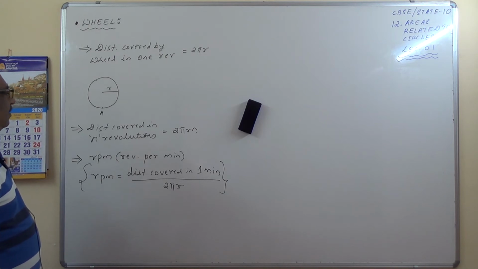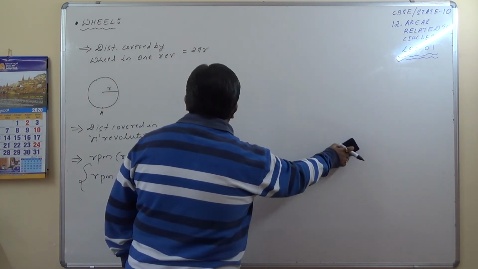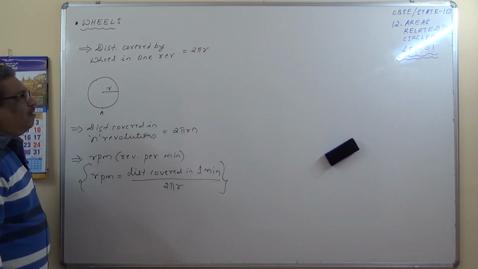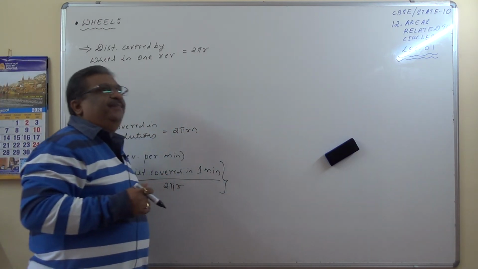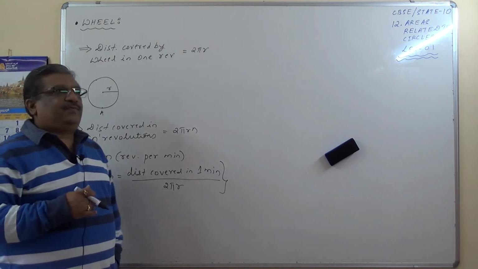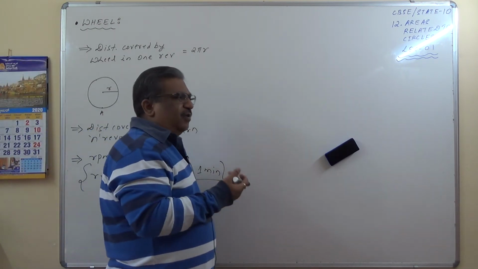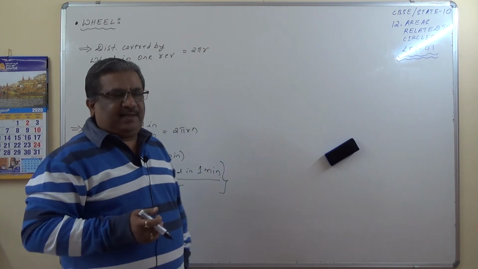What else is required? Here one more thing is the area swept by the cylinder, but it is not here; probably in mensuration, surface areas and volumes we will discuss that part.